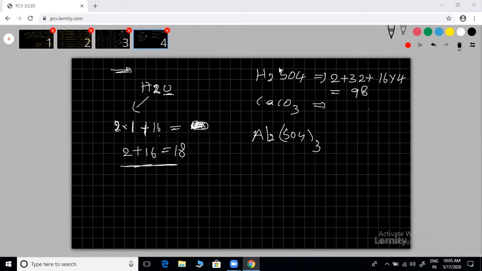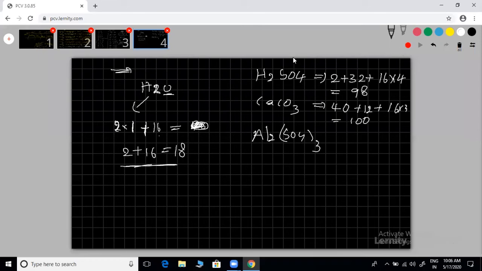Can't you do that one? Calculate. CaCO3, how much? Calcium 40 plus carbon 12 plus 16 into 3. How much? I think so 100, you are getting? Yes. Okay. Then find the remaining also.